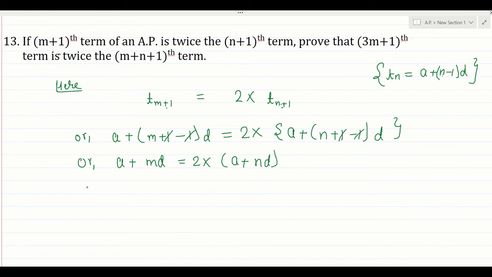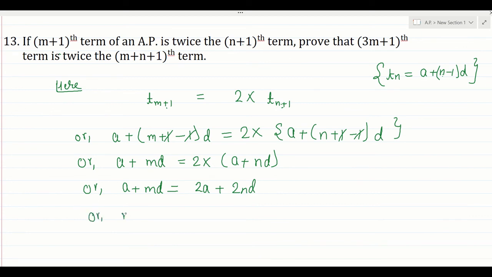Now let's open the bracket, or it is A plus MD equal to 2A plus 2nD. Is this clear? Okay, let's simplify it further.